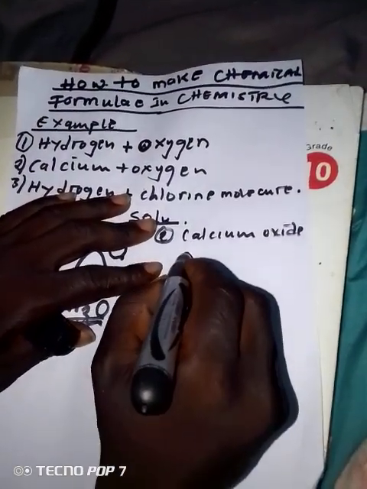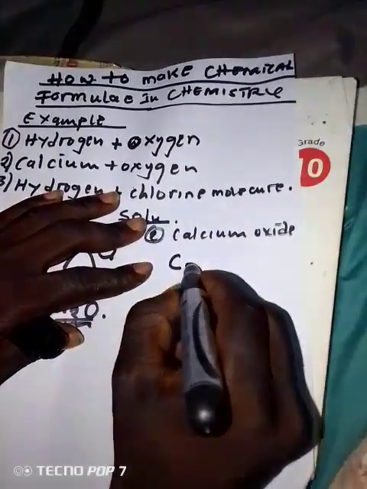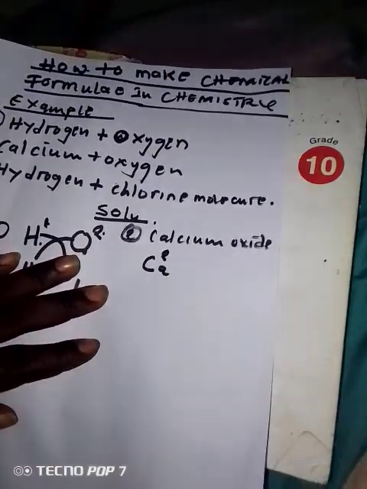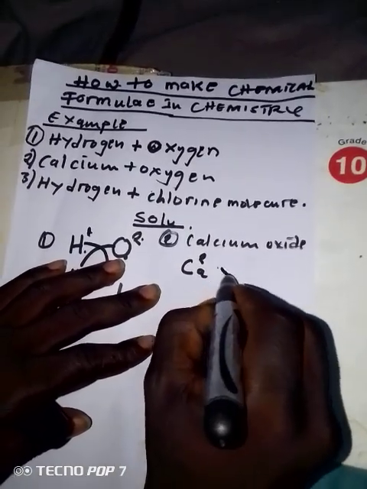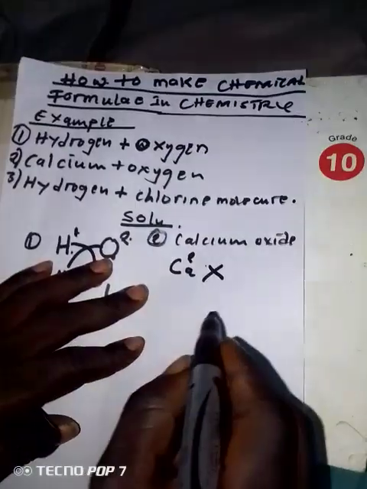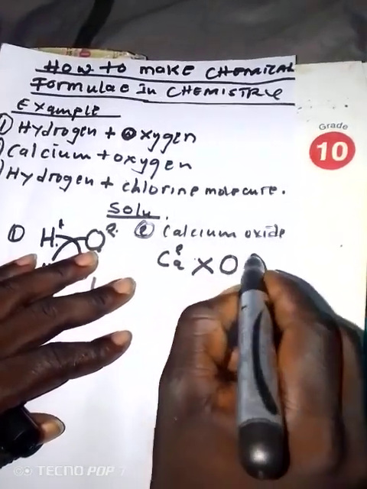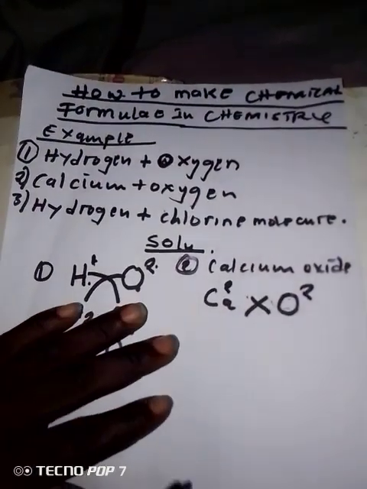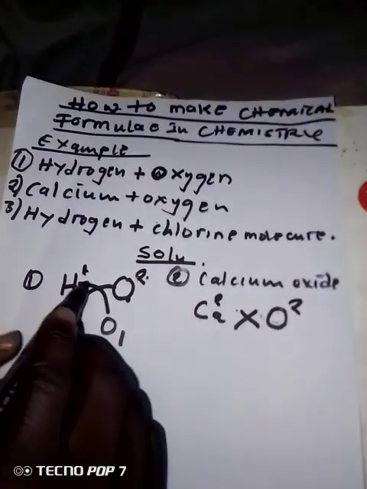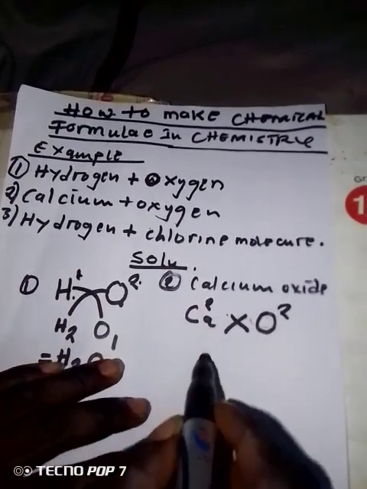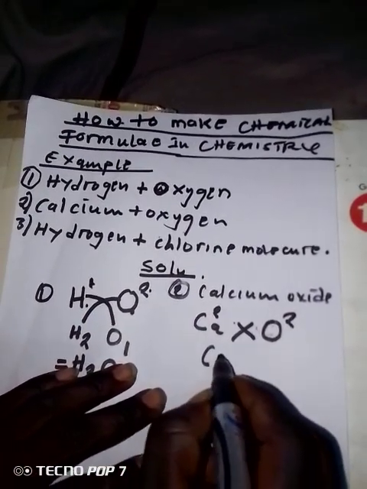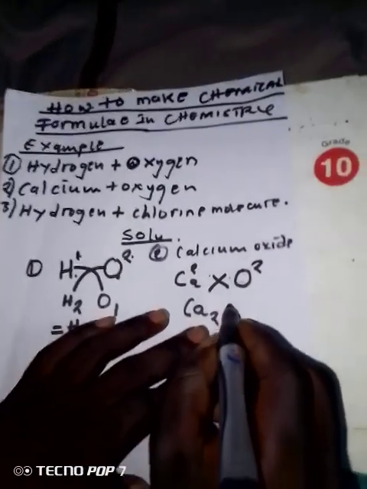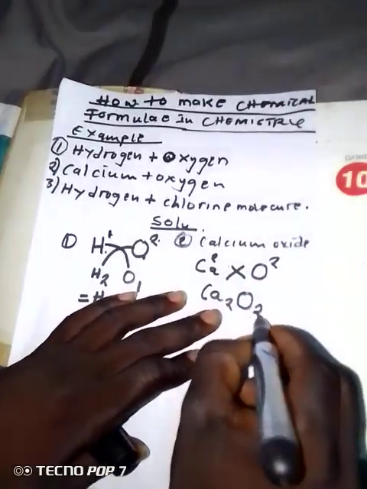So I'll write calcium with its symbol, Ca, a capital letter and a small letter. It has a valence of 2, so we put 2 on top as a superscript. Then we put oxygen here. The valence of oxygen is 2. As it happened with water, the superscripts swap, so calcium has 2 and oxygen has 2.